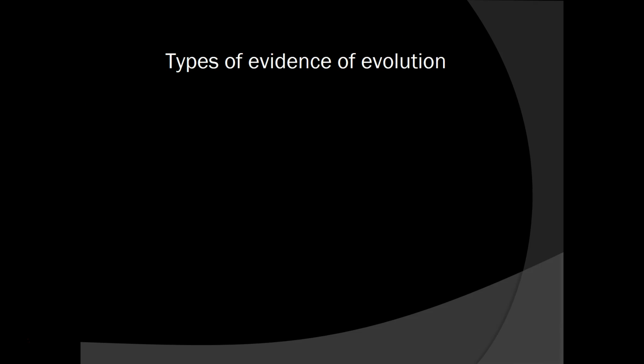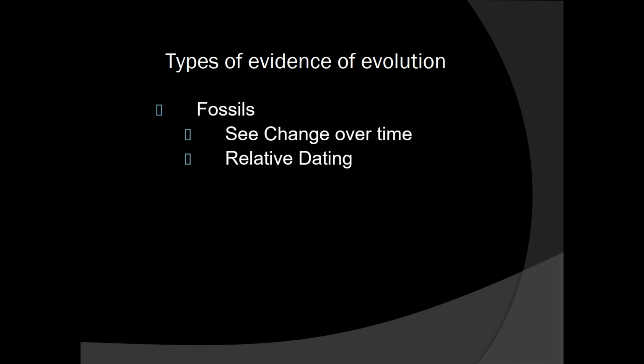Okay, so let's recap real quick. There were 4 categories of evidence. The first type is fossil evidence, and that allows us to see change over time. The second type of fossil evidence was relative dating. Fossils found in a bottom layer are older than the fossils that are found in the top layer. The next type of evidence was anatomy, and there were 2 types of structures that I wanted you to know.